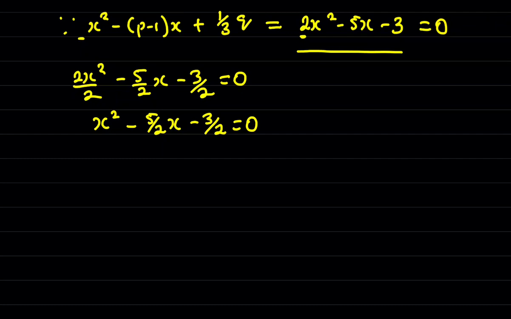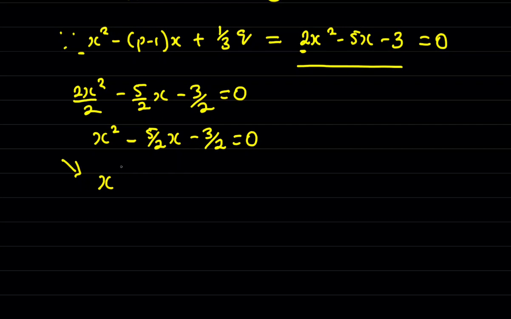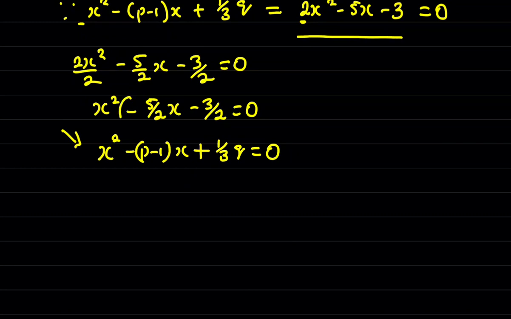Now, comparing it with the parent equation given to us, x squared minus (p minus 1)x plus 1 over 3q equals 0, by comparing coefficients of x, you can see that minus (p minus 1) is equal to minus 5 over 2.